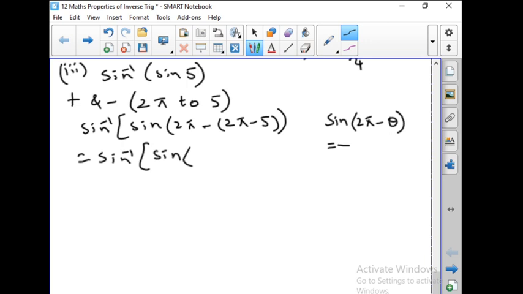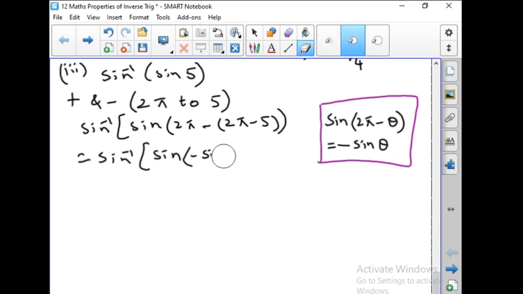Therefore, we have minus sine theta. So this becomes minus sine of 2 pi minus 5.